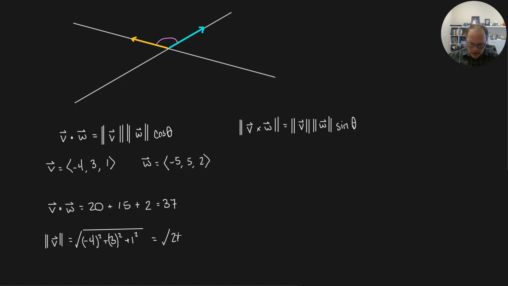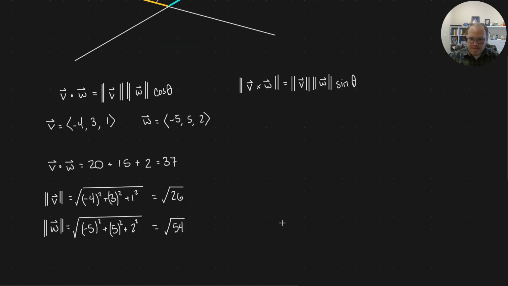Square root of 26. And norm of W is the square root of first component squared plus second component squared plus third component squared. That's going to give me 25 plus 25 is 50, plus 4 is 54.